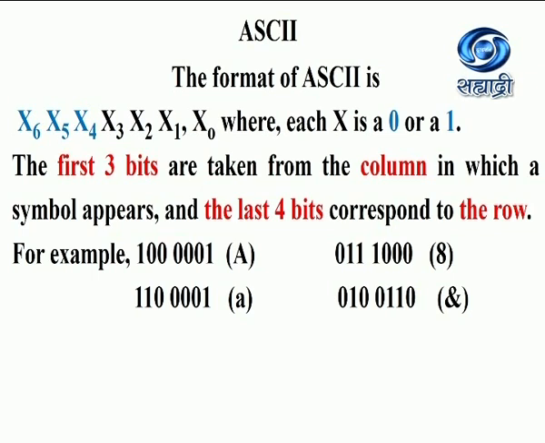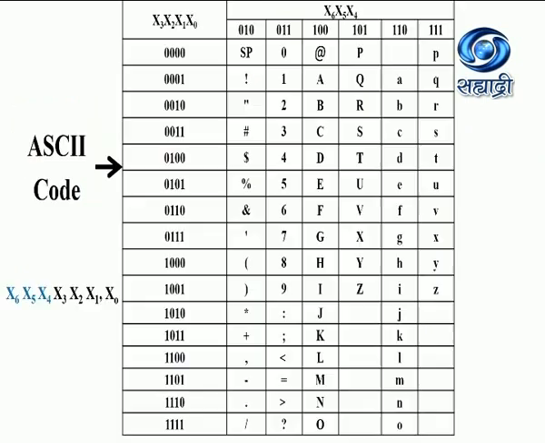For example, 0111000, this 7-bit ASCII code represents the character 8. 1100001, this 7-bit ASCII code represents character A. Yes, of course, it is a small letter a. 0100110, this 7-bit code represents a special symbol, ampersand.